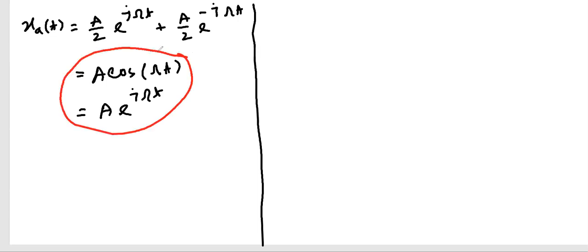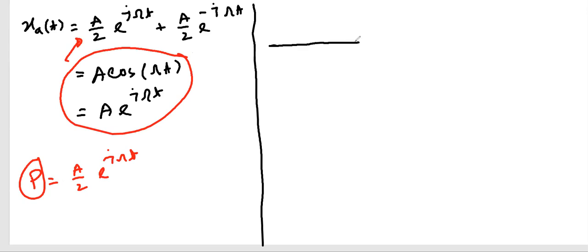Now the question is how we can make it also equal to that one. Let me take the first term. Let's say p equals a by 2 e to the power j omega t. I want to plot the p. So how does the p look? Starting with the same procedure, this is the real axis and the imaginary axis. I'll plot two of those.